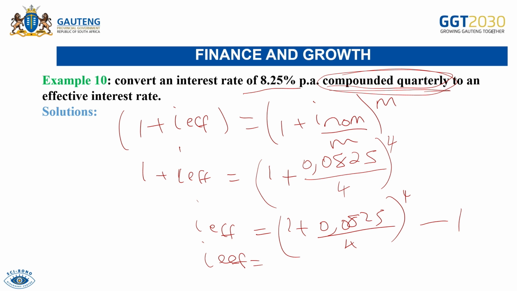Then your answer would be 0.085. Then you multiply it by 100 and you will get that i effective is equal to 8.51%. Then you get your full marks.